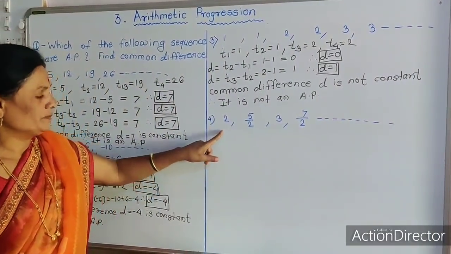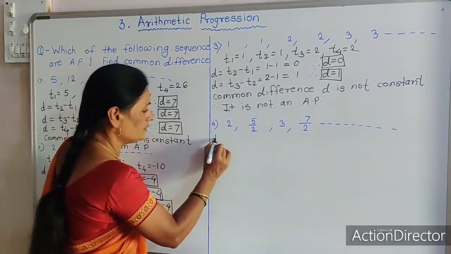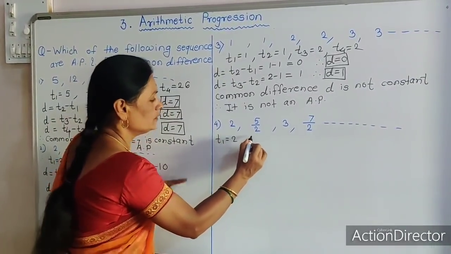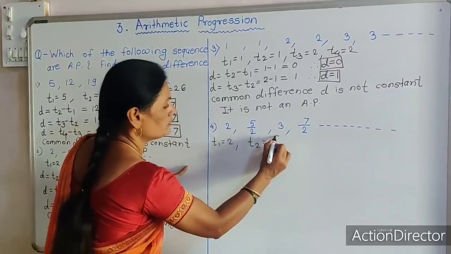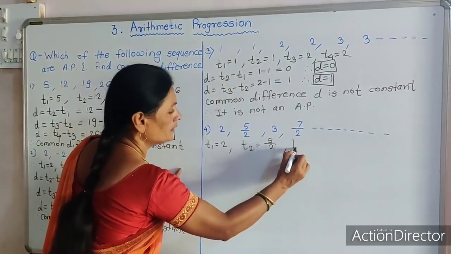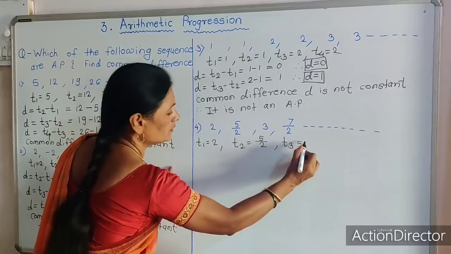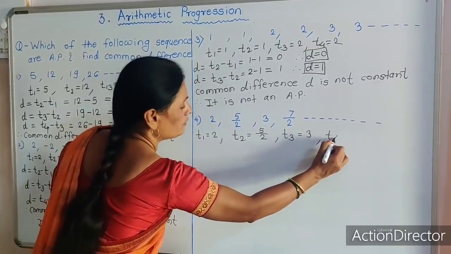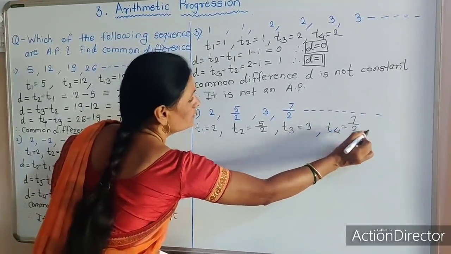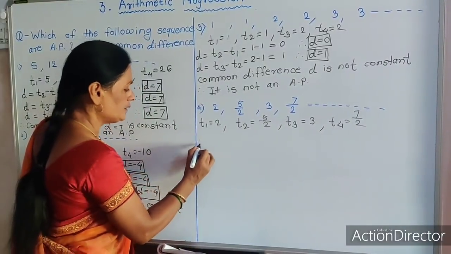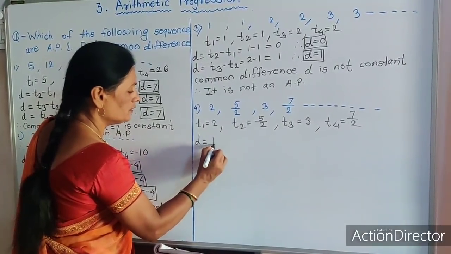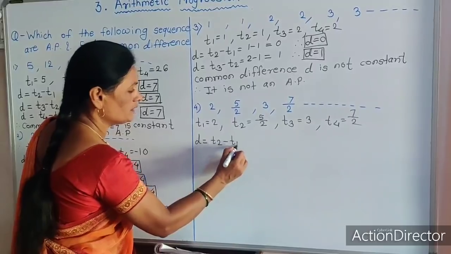Then, in the next example, T1 is equal to 2, T2 is equal to 5 upon 2, T3 is equal to 3 and T4 is equal to 7 upon 2. Now we find D is equal to T2 minus T1.